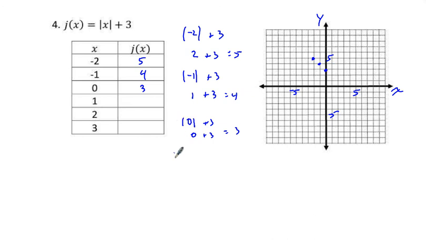We substitute in 1. The absolute value of 1 plus 3. Well, the absolute value of 1 is 1 plus 3 is 4, which is the same math that we had for negative 1. And then 2 is going to be the same as negative 2.